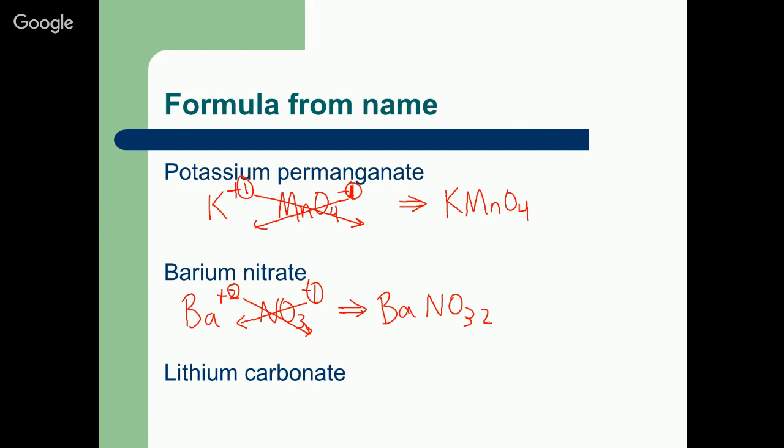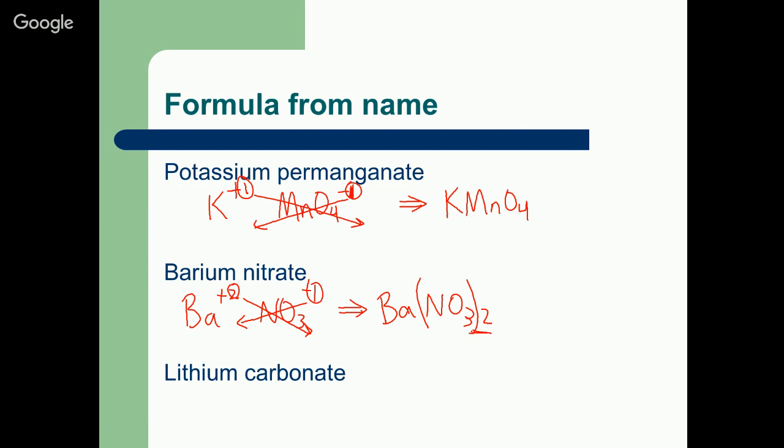Now, this looks funky. It looks like we're saying NO32, and that is not correct. Anytime you end up having multiple polyatomic ions in a formula, meaning more than one, we need to put parentheses around that polyatomic ion to separate it from the subscript on the outside.